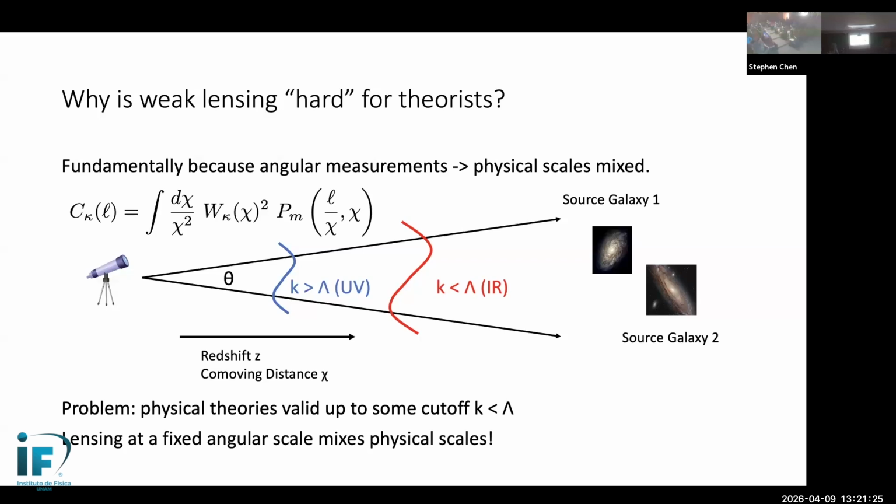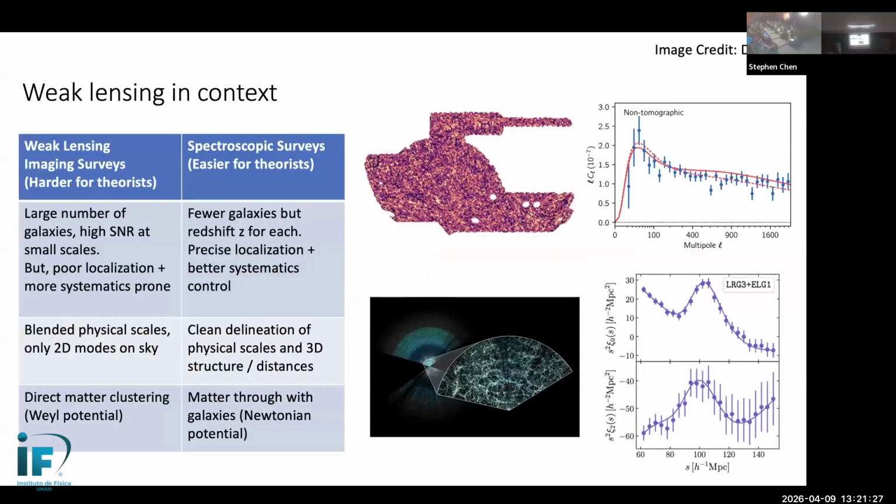You might have heard a lot about DESI from the local cosmologists here as well. This is fundamentally very different from a spectroscopic galaxy survey like DESI, because there we get a full three-dimensional map of the galaxies, which we can then convert into correlation functions in physical space, with very well-defined features and very clear physical separations.